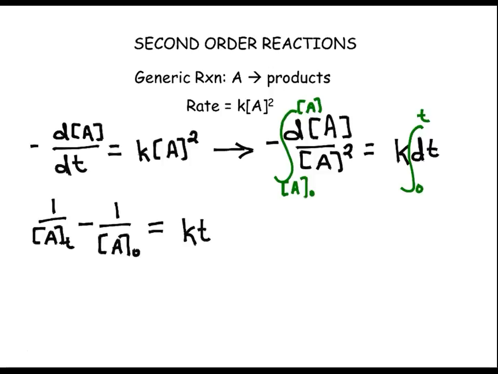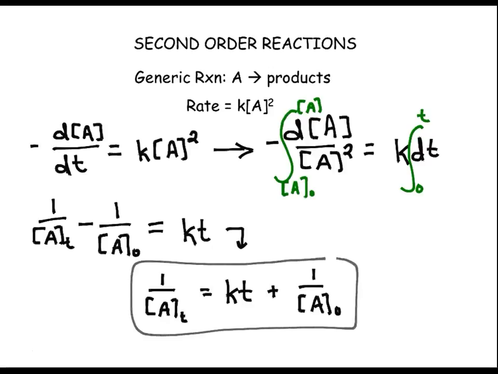And the integral of 1 over the concentration of A squared is going to end up being 1 over the concentration of A. And then there's a negative sign in there because it's to the negative 1 power. So that changes the signs here in case you were wondering how that negative went away.